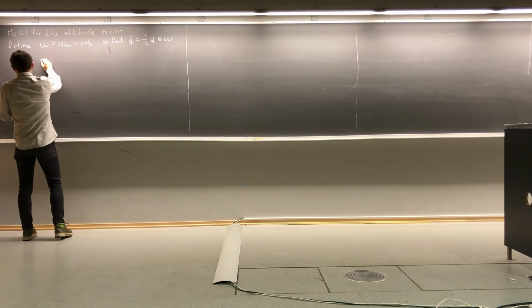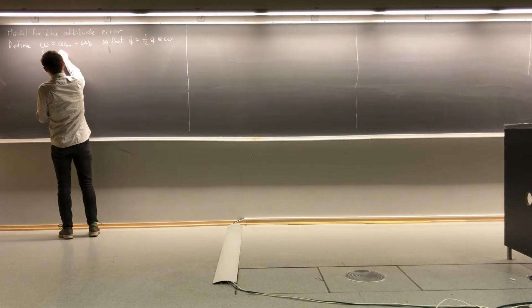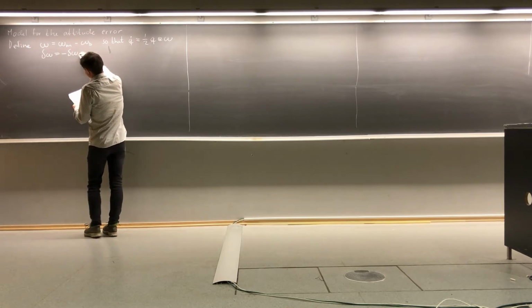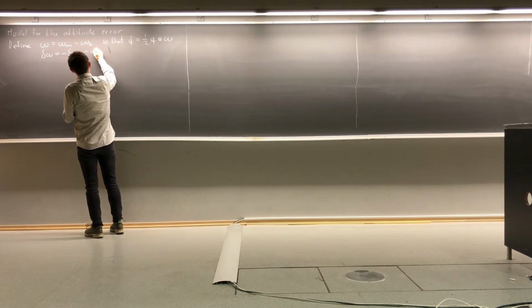Then I'm going to also define the small part of the angular velocity, and that I'm going to define like this. So I have the error of the angular velocity bias, and then I have the noise term.